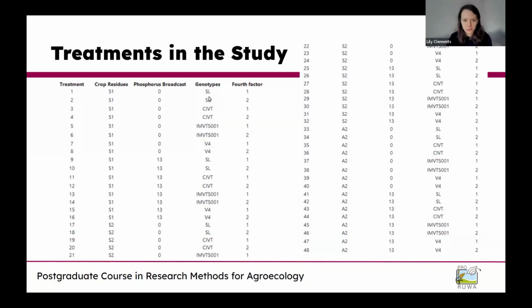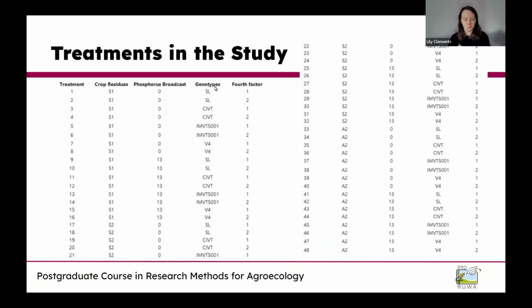However, the genotypes change and the fourth factor changes. If we just compare treatments 1 and 2, then we can see how that fourth factor changes for the first genotype, SL.